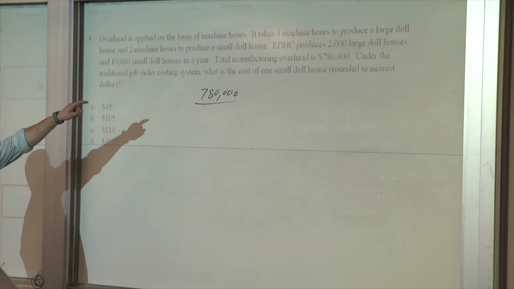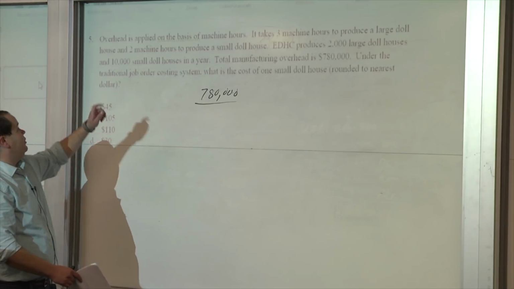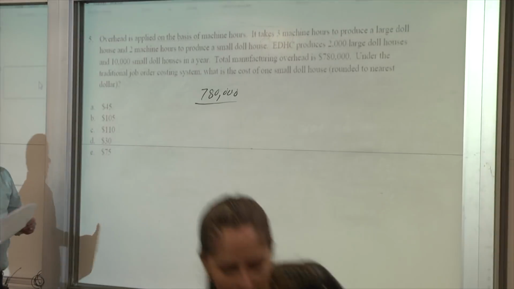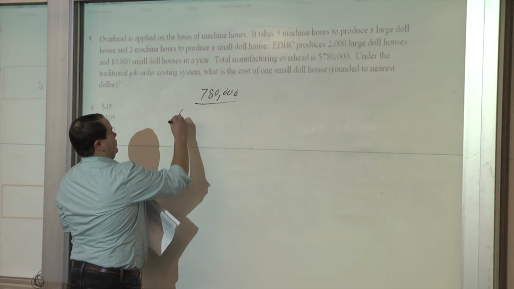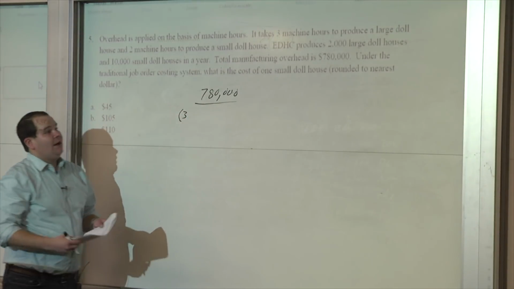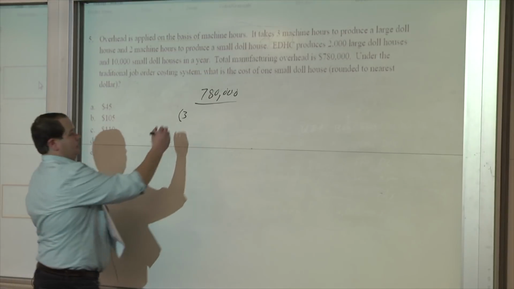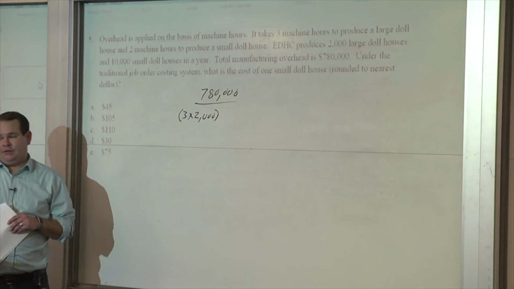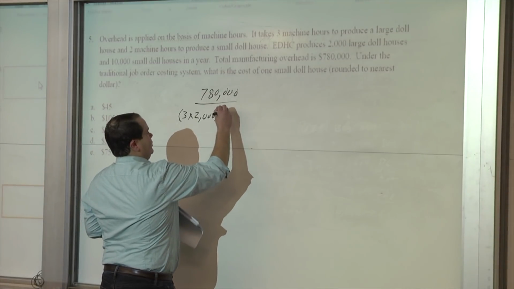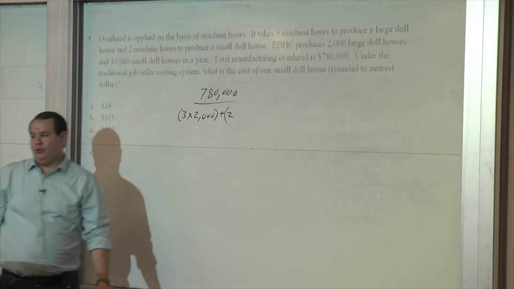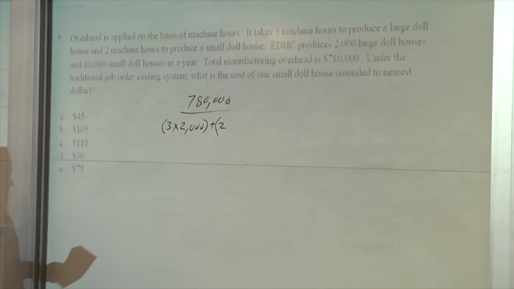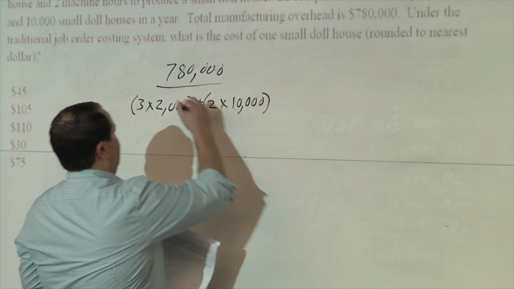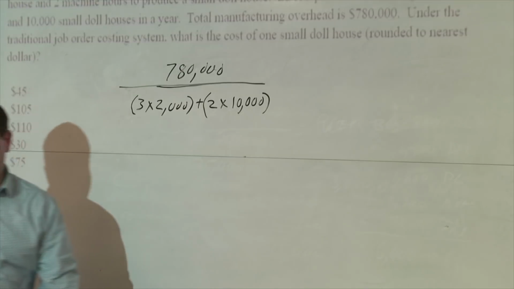And fortunately, they tell us 3 machine hours for a large, 2 for a small. So if we're trying to figure out what the total machine hours will be, we have 3 machine hours for the large dollhouse times the 2,000 they're going to make, plus 2 hours per small dollhouse times the 10,000 they're going to make.